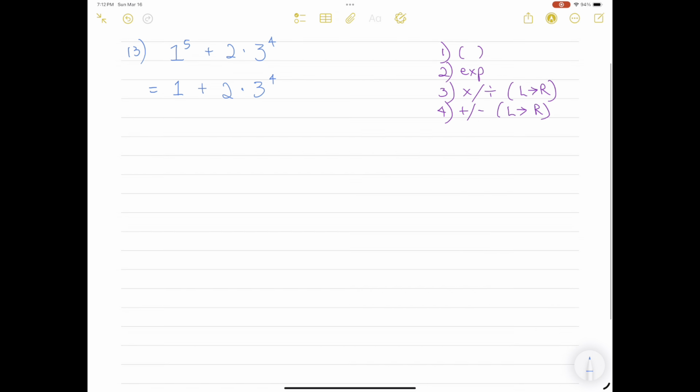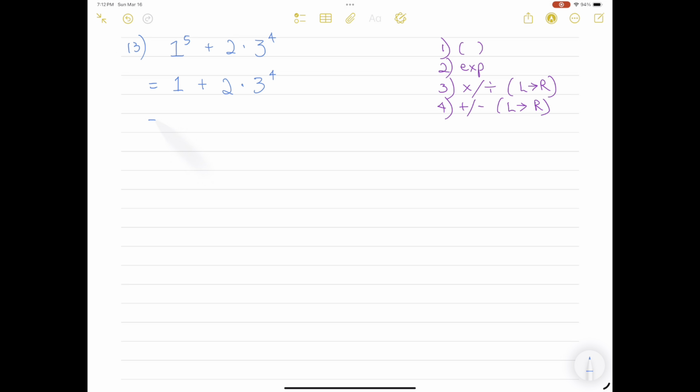Now I must simplify the exponent, 3 to the fourth power, which is 3 times 3 times 3 times 3. And that simplifies to 9 times 9, which equals 81. I write 81 on the line below the problem under 3 to the fourth power, and I bring down the rest of the equation, 1 plus 2 times 81.